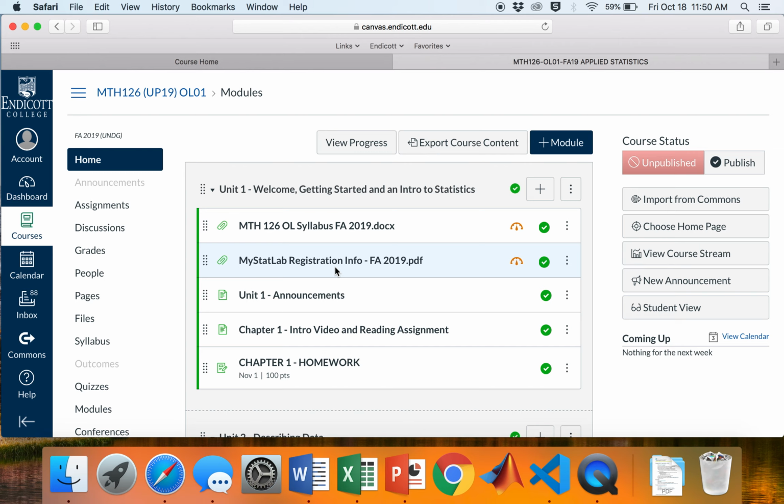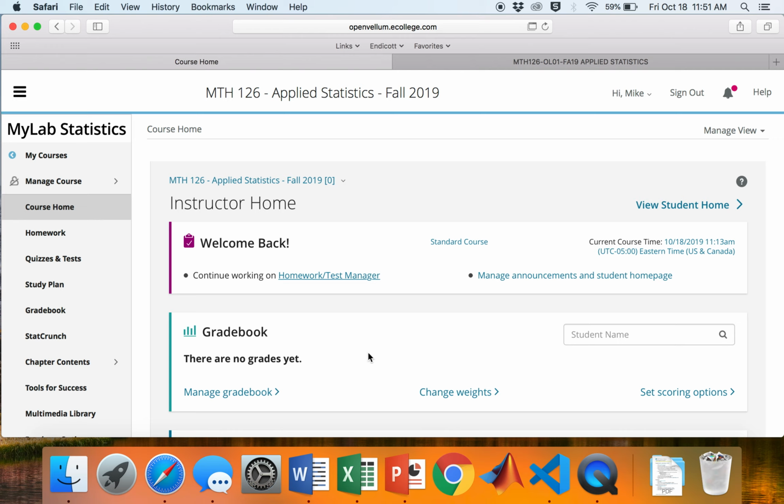But at some point you do need to purchase full access to the book, because the trial is, like I said, about a week or 10 days or something like that. So if you click on this and go over to My Stat Lab, I'll show you what it looks like. My Stat Lab more or less looks like this when you log into your account.